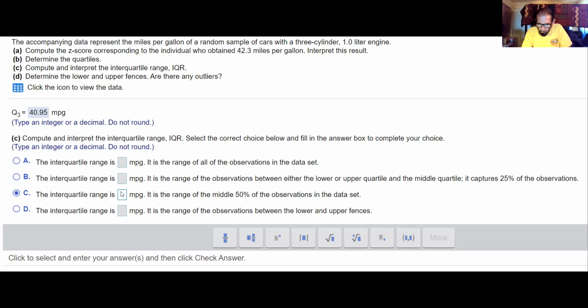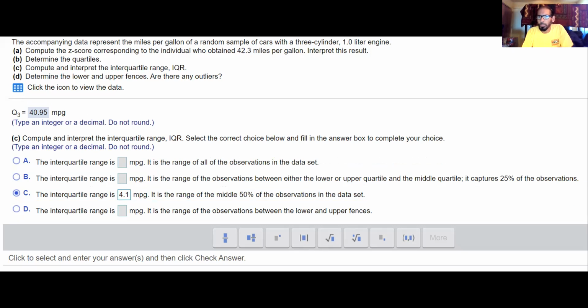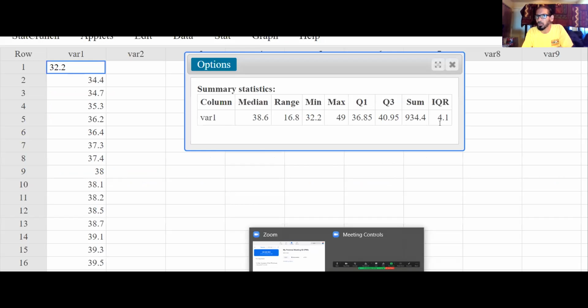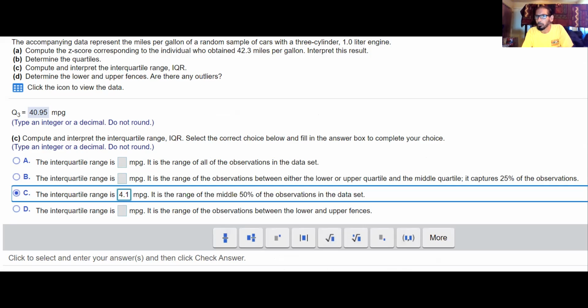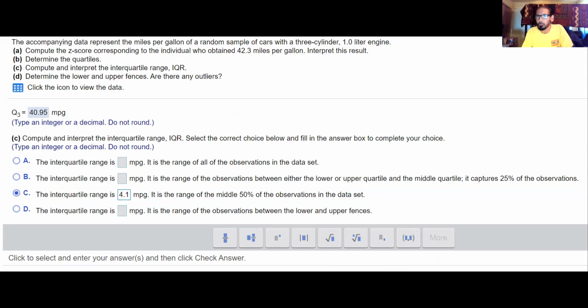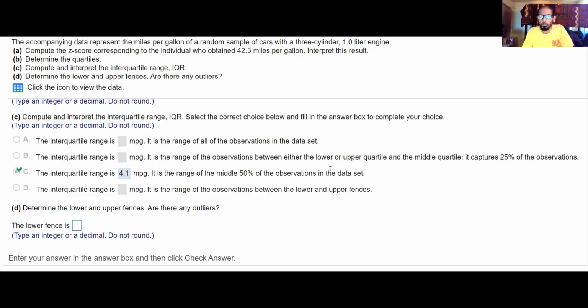By the way, I was just doing that computation in my head. I did not look at what StatCrunch gave, but it's giving the same thing. Good. All right. So checking that answer. And then determine the lower and upper fences.